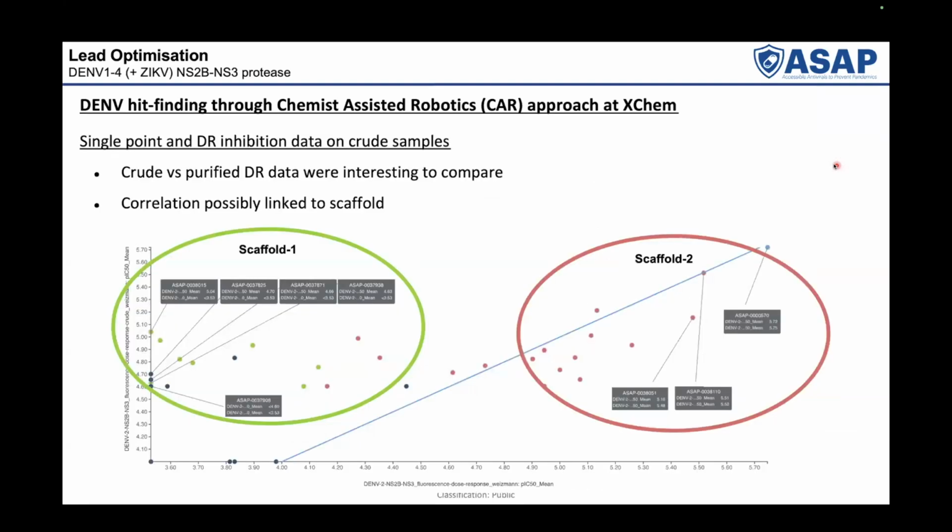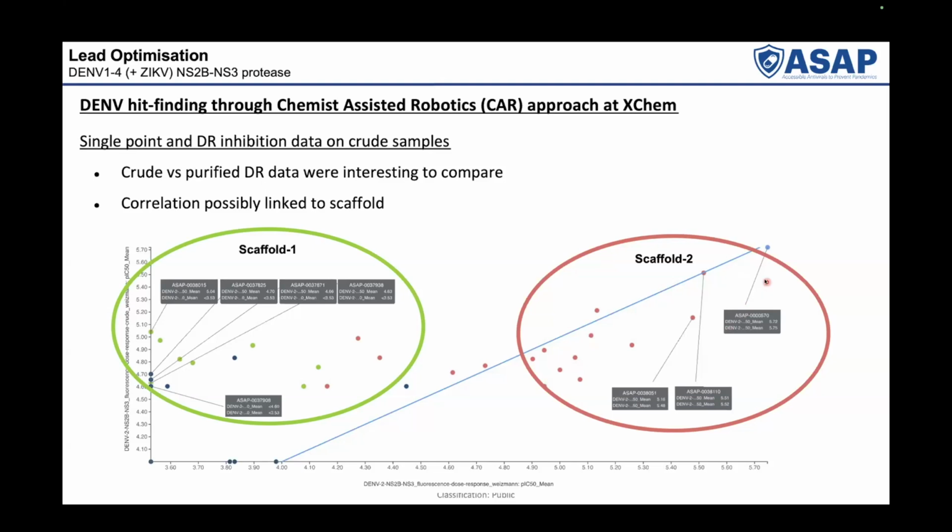So, a note on comparing crudes versus the pure compounds, and it was interesting. On the y-axis is the crude inhibition response, and on the x-axis is the pure compound response of the remakes. What was interesting is that we had really good correlation, and that was in red, the little red dots.